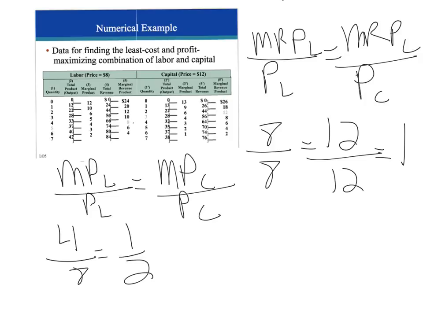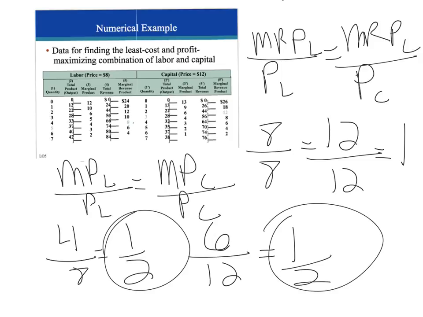And the marginal product of capital at unit 3 is 6, and the price of capital is 12. So that also equals 1/2. So they are equal to each other. So the profit maximizing output also satisfies the least cost rule.